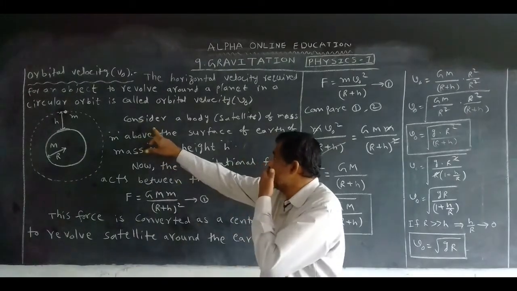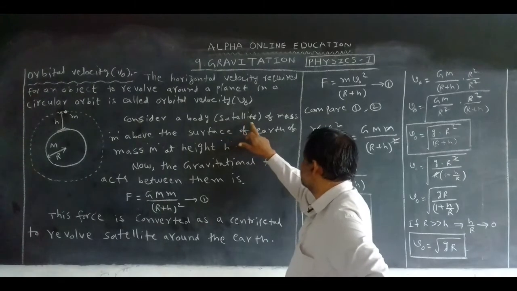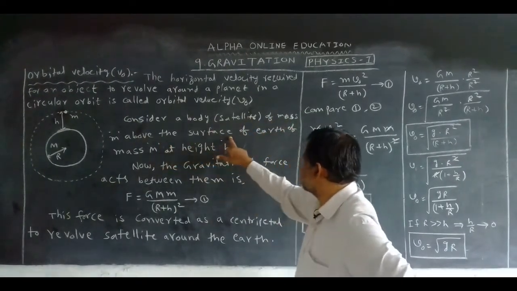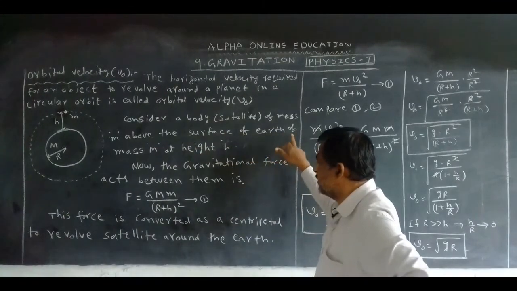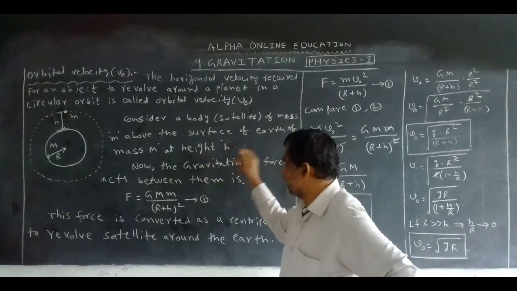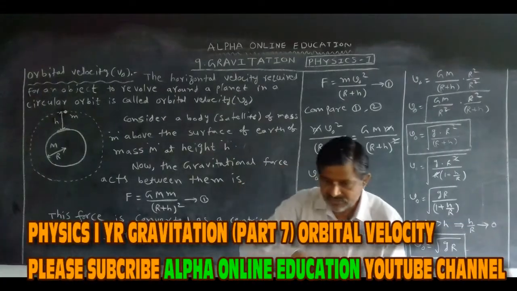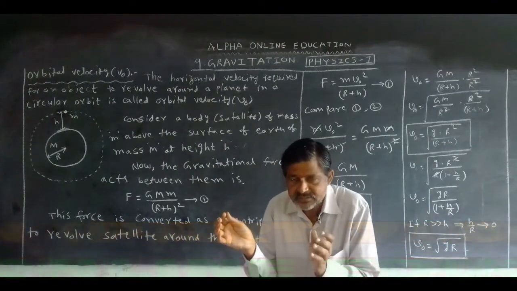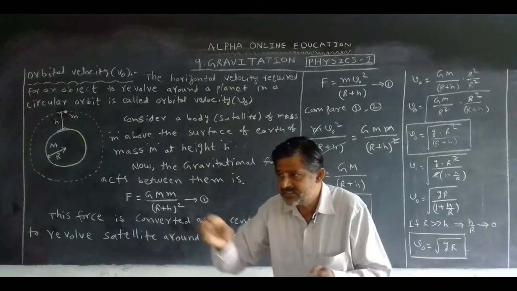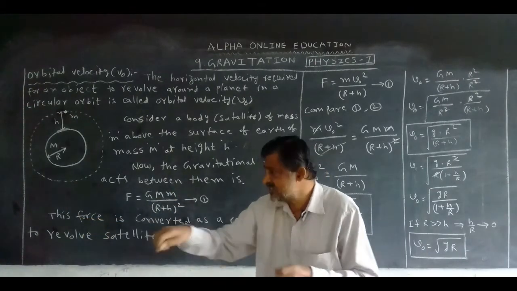That's why consider a body, meaning a satellite, of mass m above the surface of the earth of mass capital M at height h. Now the satellite revolves; earth mass is M, satellite mass is m, and some height is there.